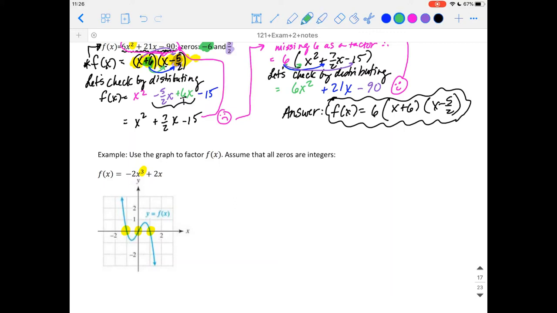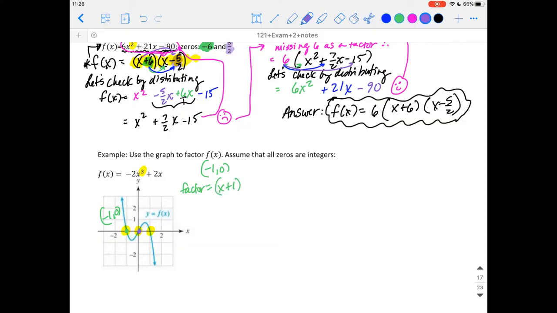We're going to identify them one by one. This point right here is going to be (-1, 0), so our factor is x + 1.